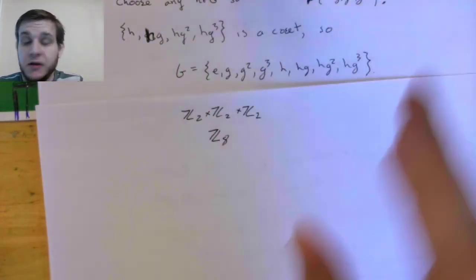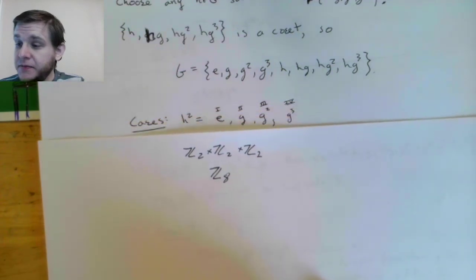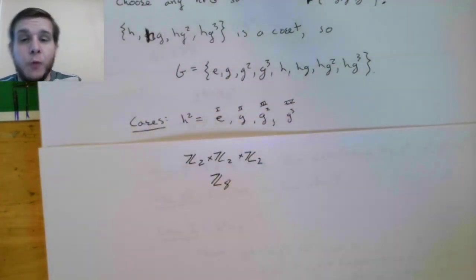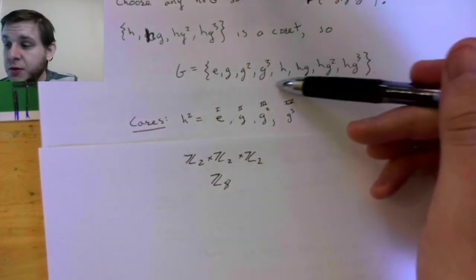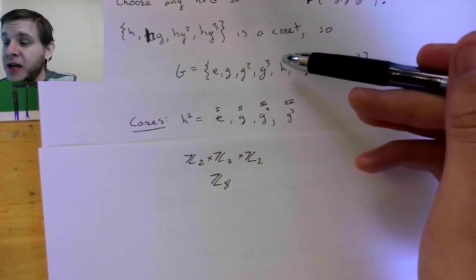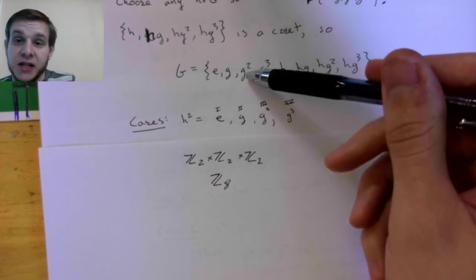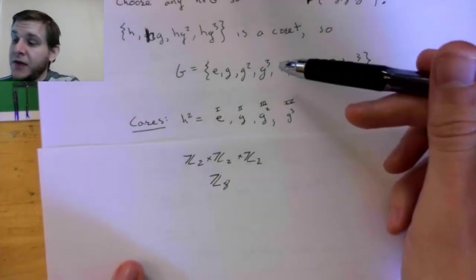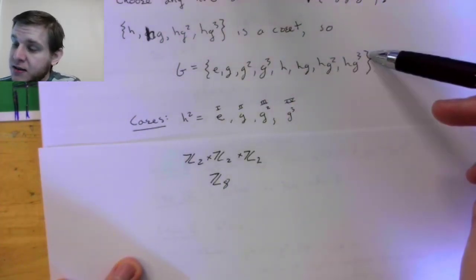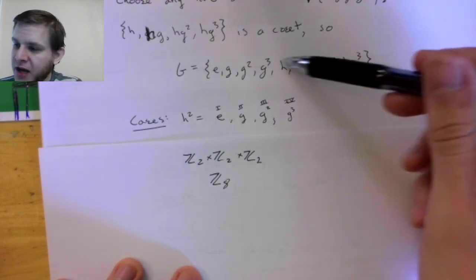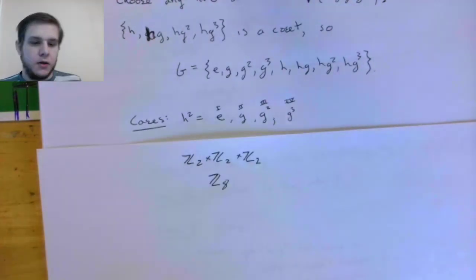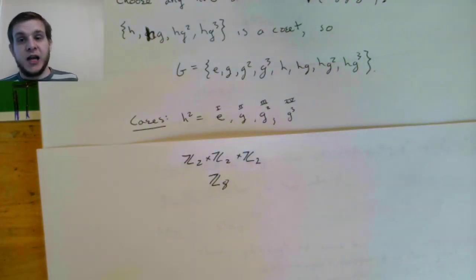And there are going to be many cases to consider. I want to analyze the cases based on what h squared is equal to. Right? h is one of these things. When I multiply h by h, I have to get back into the identity coset. Right? If h times h was equal to h g to the k, then I could cancel one of the h's, and get that h is a power of g.